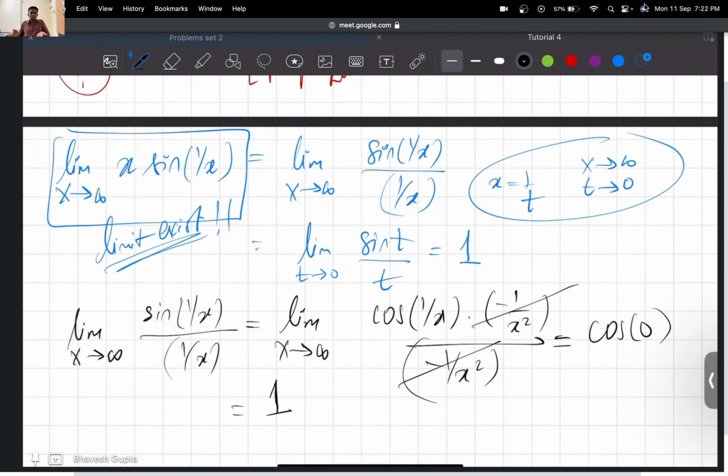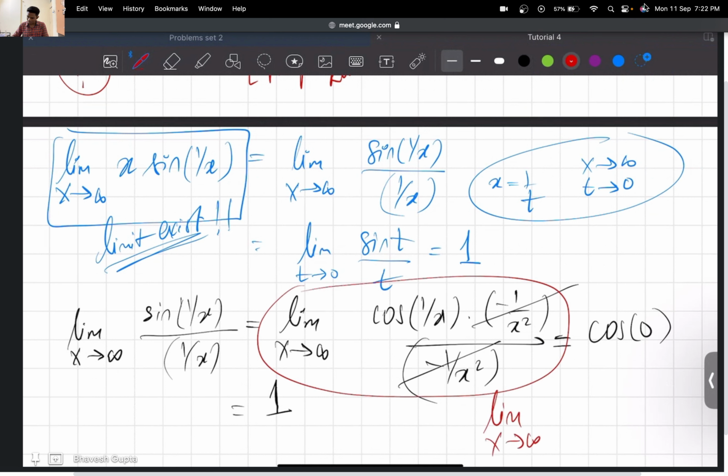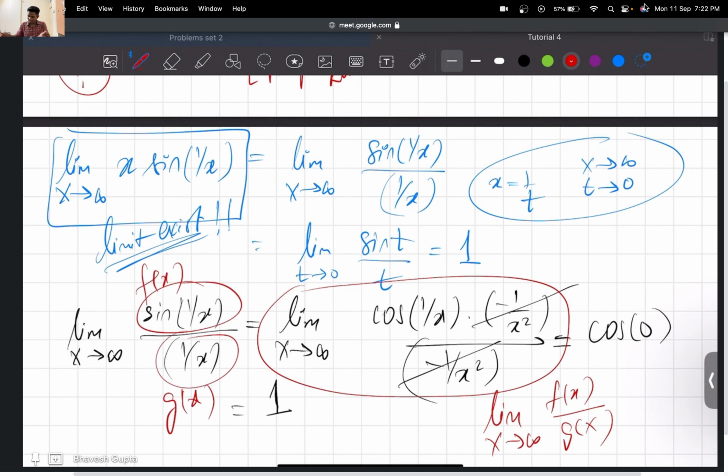So I just showed you a counter example, right, where this whole particular thing was nothing but this. In case you're wondering, this is my f of x and this is my g of x, I showed that this derivative ratio exists, which was 1.